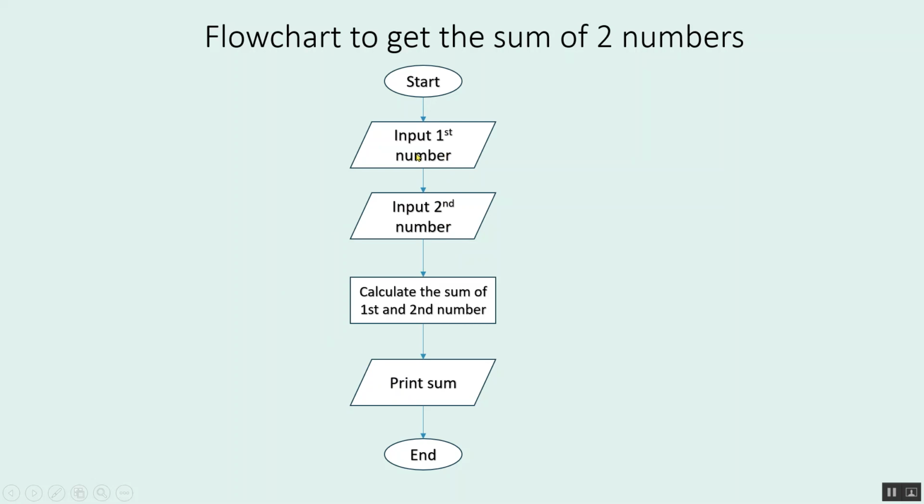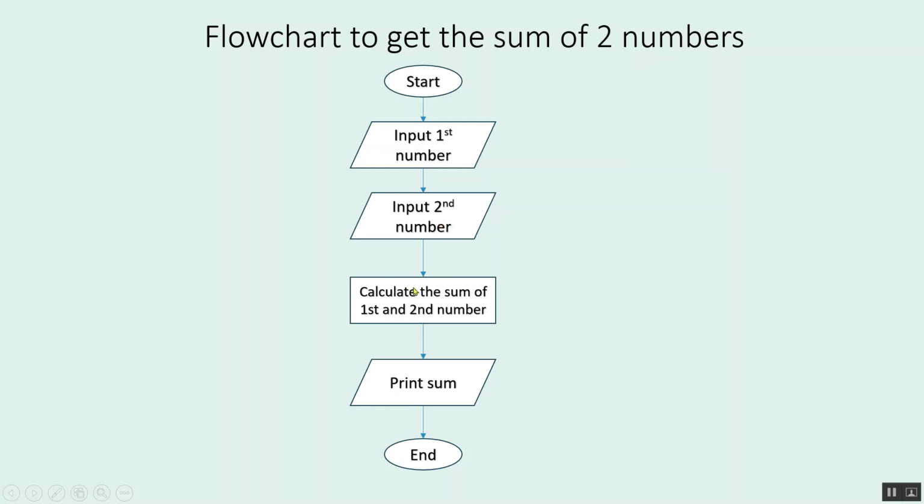For example, input first and second number, you could do that. But to make it more readable in the eyes of readers, we could divide them into different shapes. But you could also combine them in one shape. So for example, input first and second number. So that's also allowed.